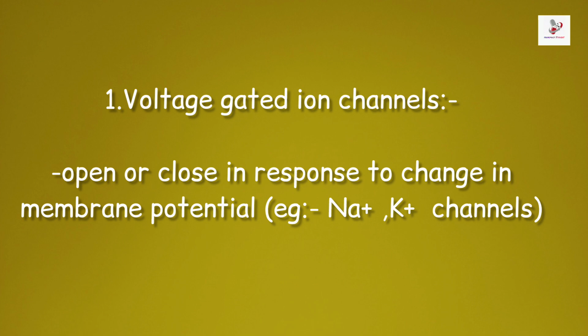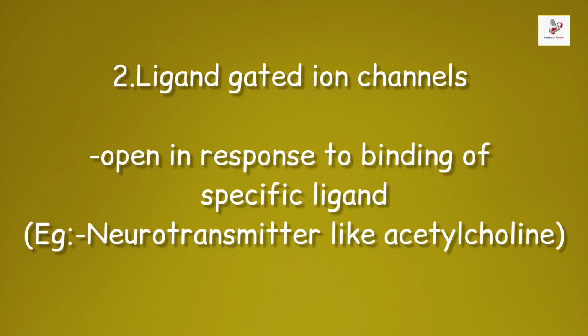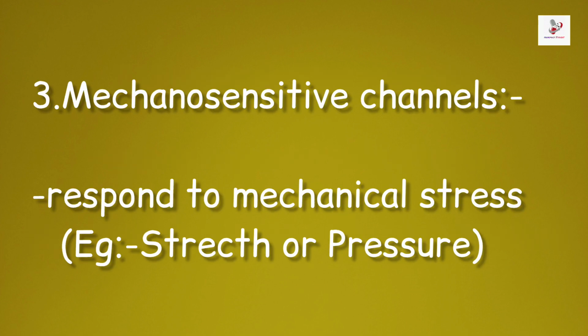So first one, voltage gated ion channels. They open or close in response to changes in the membrane potential. Examples include sodium channels and potassium channels. And second one, ligand gated ion channels. They open in response to the binding of a specific ligand, and examples are neurotransmitters like acetylcholine. Third one, mechanosensitive channels.